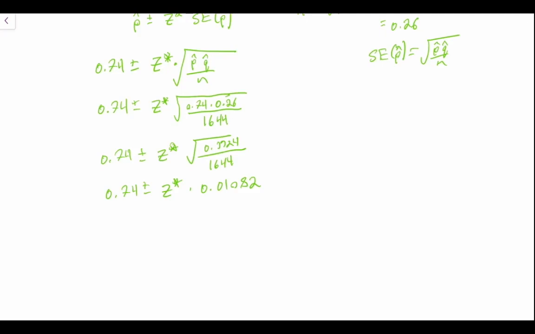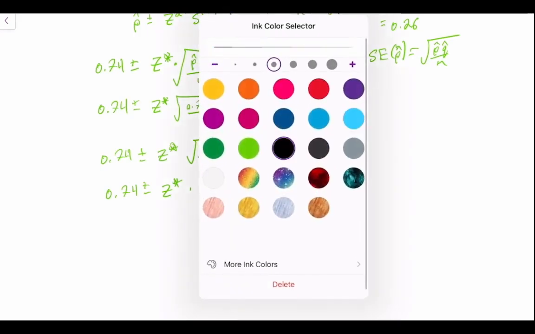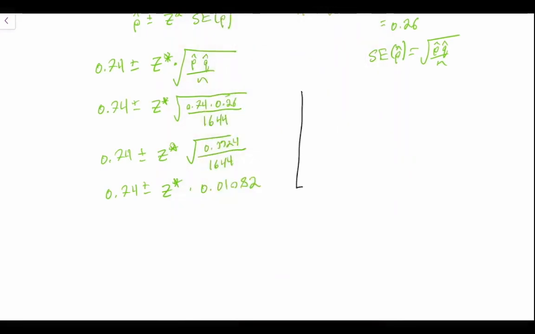Now we're tasked with finding our z star value for our 98% confidence interval. Let's visualize our normal distribution, which we said we could apply here.